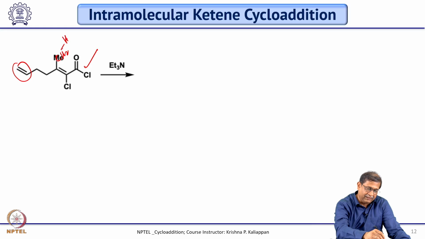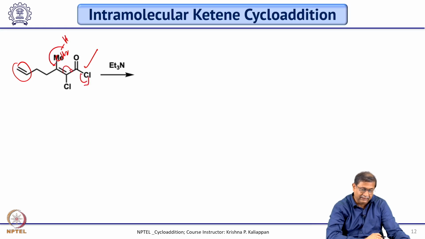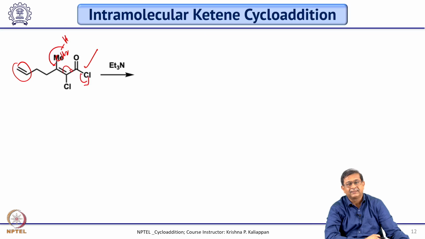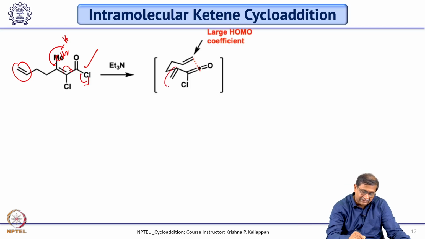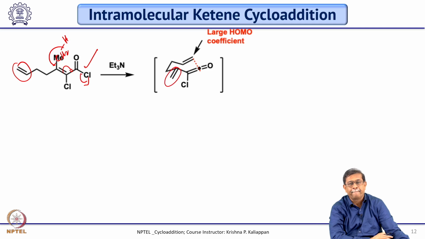The base will pick up this hydrogen and eliminate HCl to generate this compound. So the methyl group here becomes this exocyclic double bond and this undergoes an intramolecular 2+2 cycloaddition reaction.